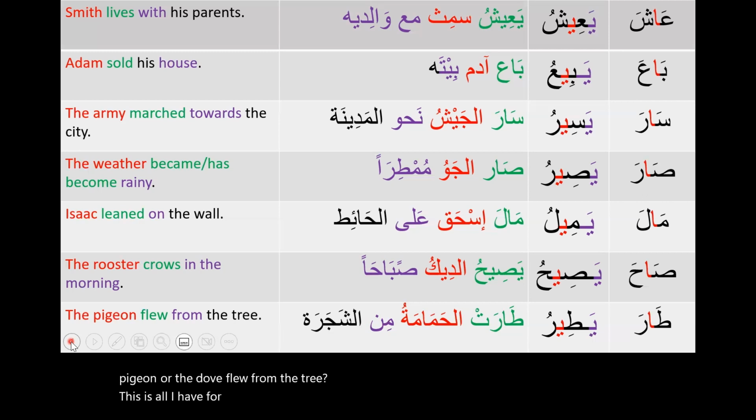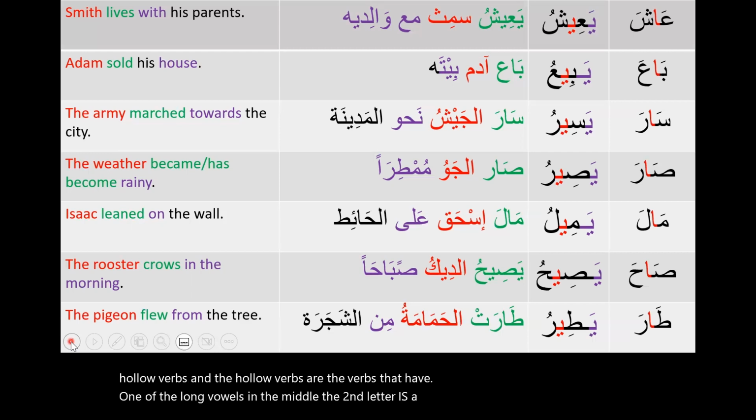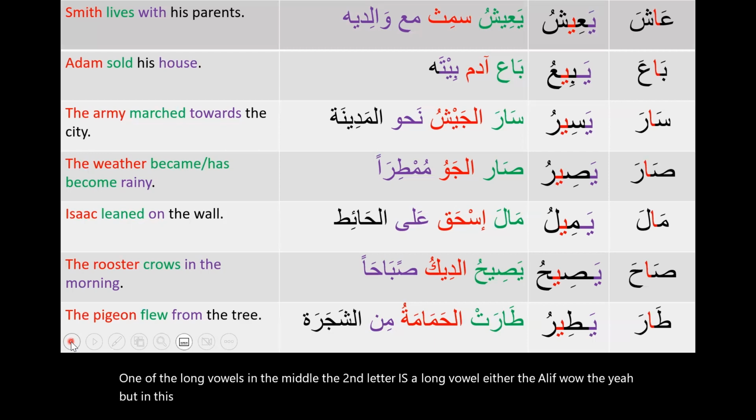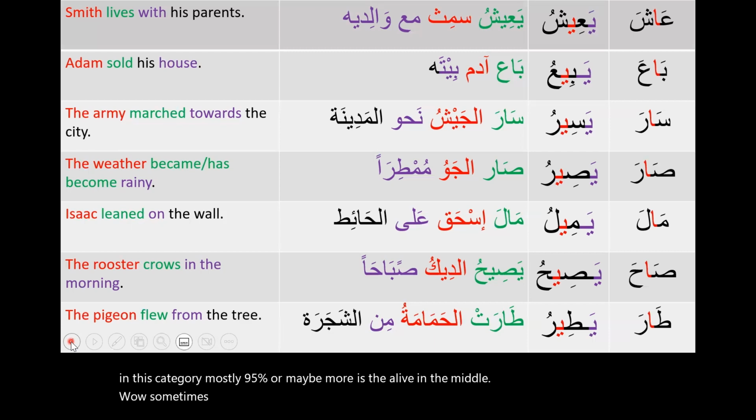And just to recap quickly, today the focus is on the hollow verbs, and the hollow verbs are the verbs that have one of the long vowels in the middle. The second letter is a long vowel, either the alif, waw, the ya. But in this category, mostly 95% or maybe more is the alif in the middle. Ya, waw, sometimes, but mostly here.